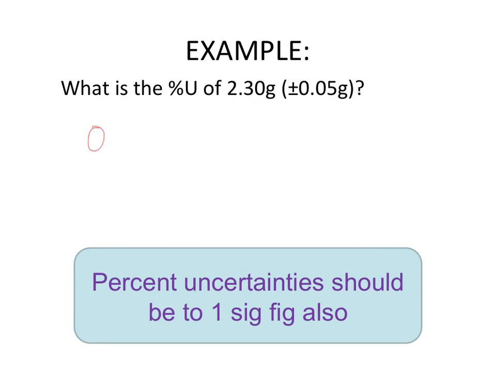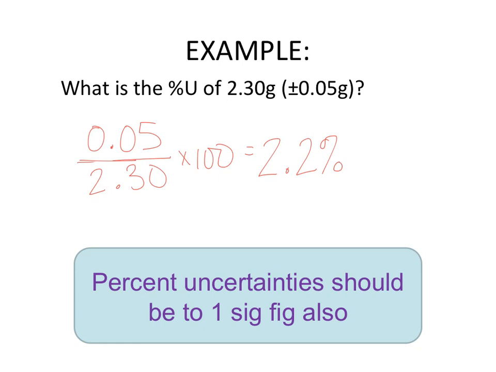So you're going to do your absolute 0.05 divided by your measurement, 2.30, times 100 to make that into a percent. And when you do this in your calculator, you should get 2.2%. But percent uncertainty should also only have one sig fig. So then this rounds to 2%.